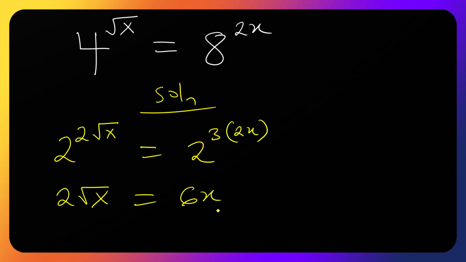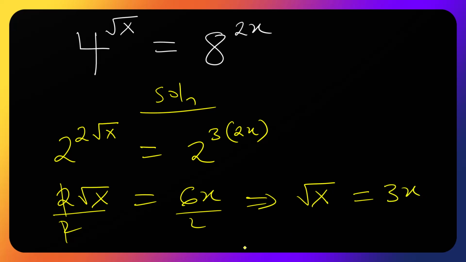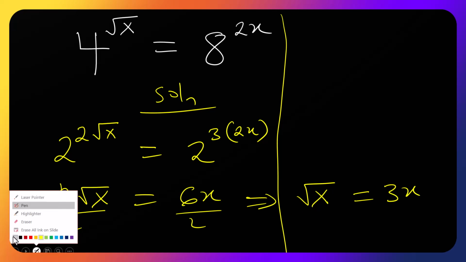Now there is something we have here. Remember, we can divide both sides by 6. Sorry, both sides by 2, not 6. So this side will go, and this side will be square root of x equals 3x. So from here, I can square both sides.